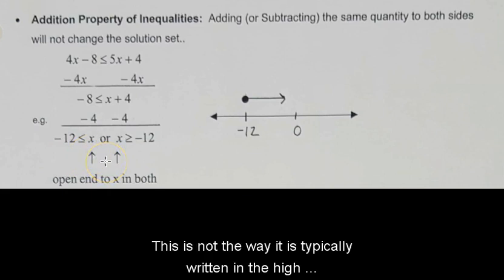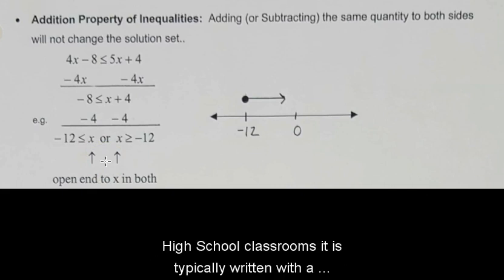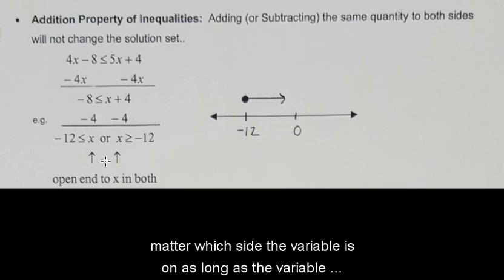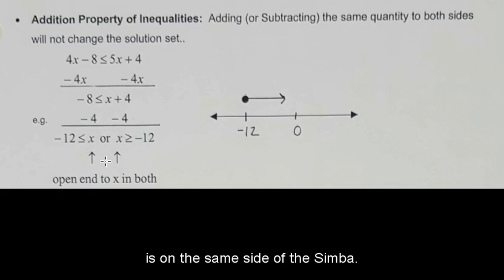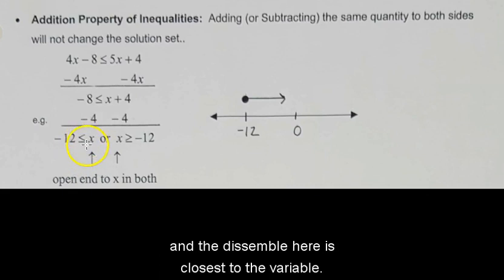This is not the way it is typically written in high school classrooms, where it is typically written with the variable on the left. But in a college classroom, it does not matter which side the variable is on, as long as the variable is on the same side of the symbol. If you look at the symbol in the left inequality, the wide end of the symbol is closest to the variable.